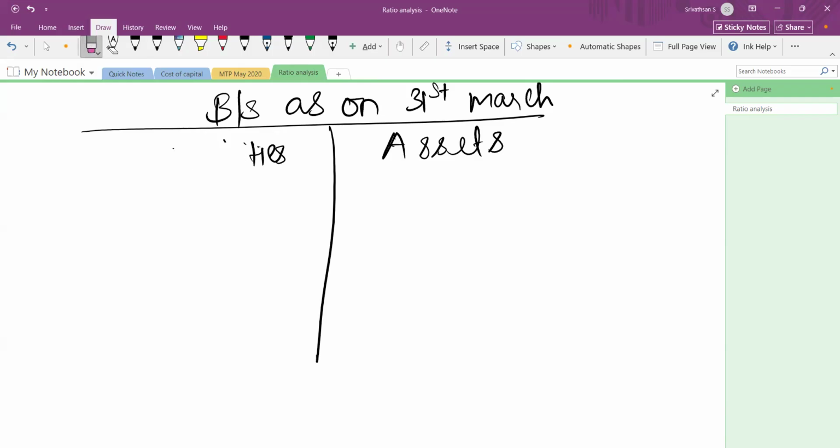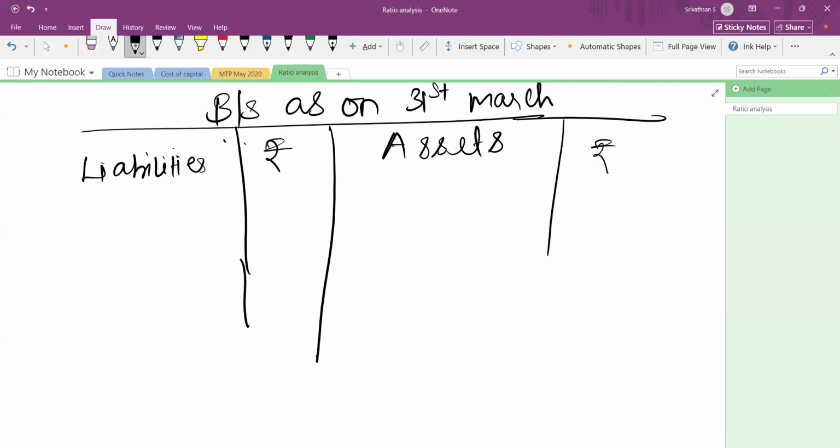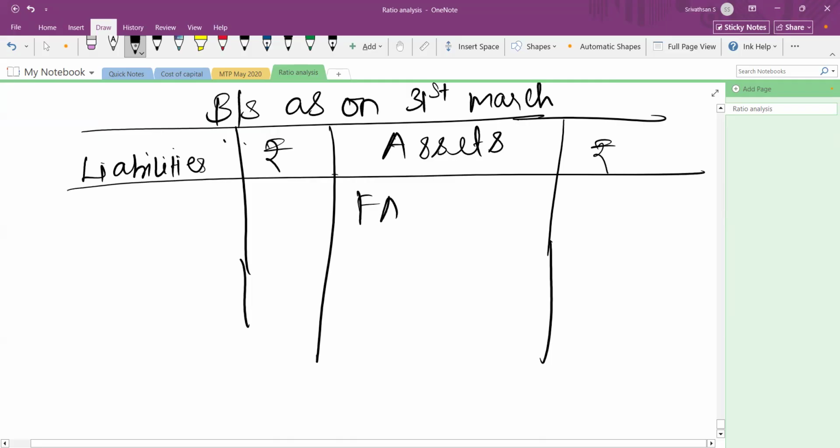So what are all the assets that we are having? It says 40. So first we have fixed assets 40 lakhs.